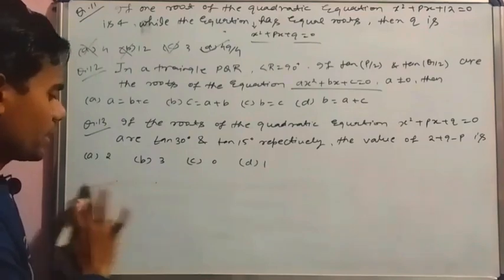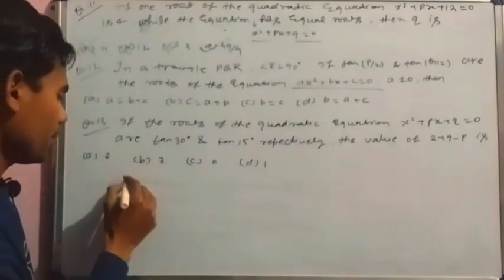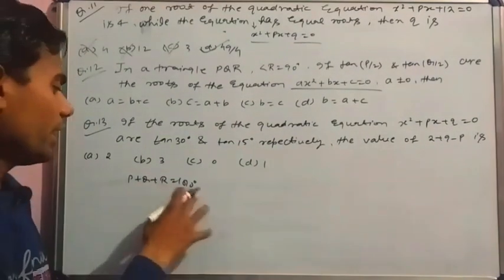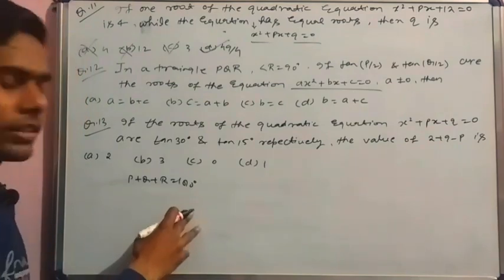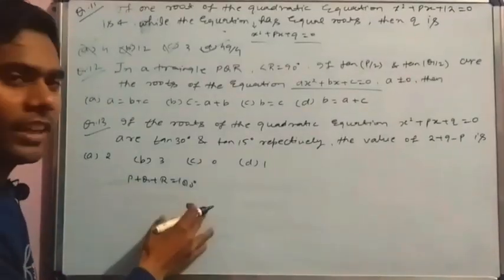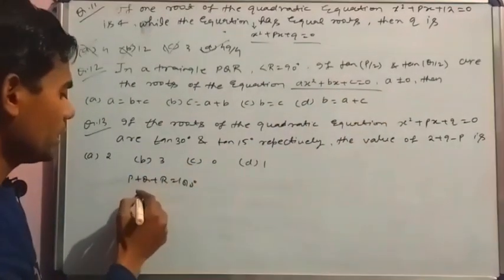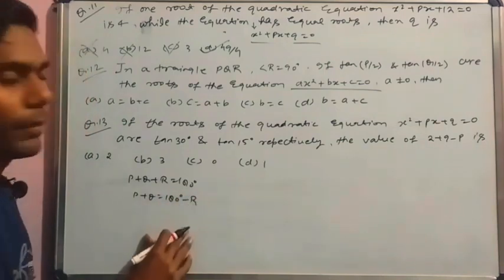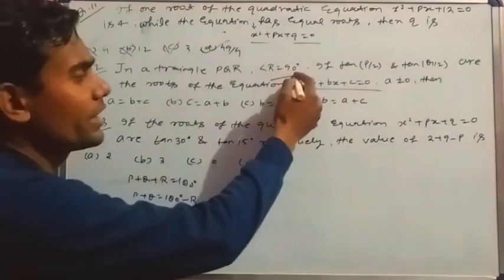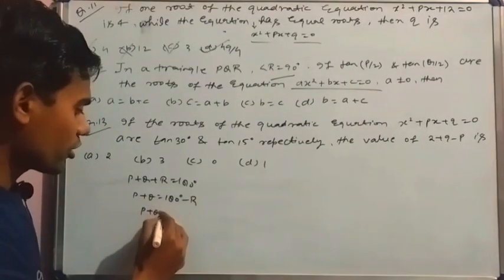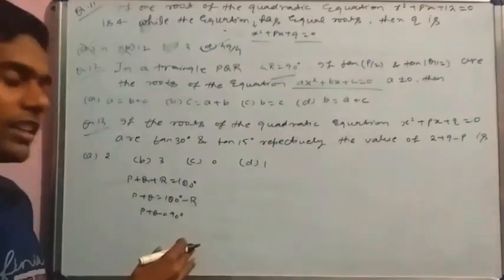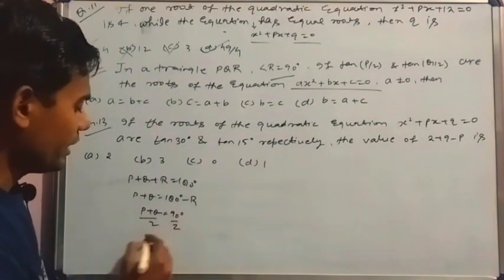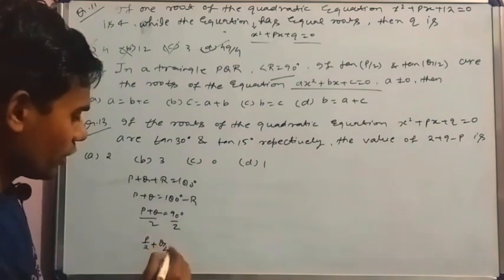If we write P plus Q plus R is equal to 180 degrees, since P, Q and R are the angles of a triangle, and the sum of all interior angles of a triangle is 180 degrees, then P plus Q is equal to 180 degrees minus R, and R is given as 90 degrees, then P plus Q is equal to 180 degrees minus 90 degrees, which is equal to 90 degrees. If we divide by 2 on both sides, then P by 2 plus Q by 2 is equal to 45 degrees.